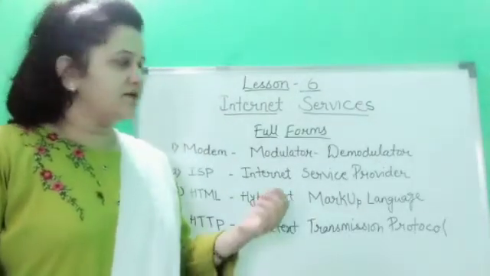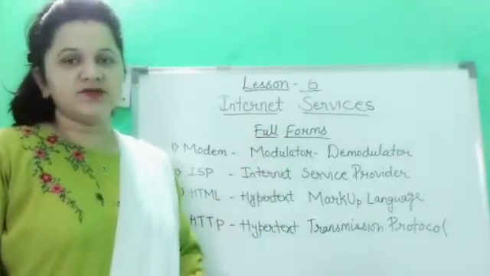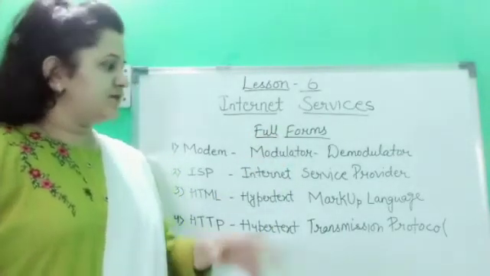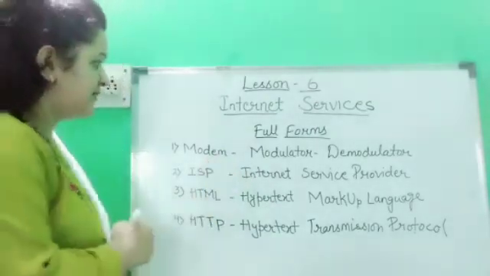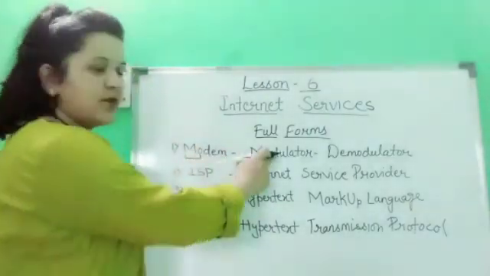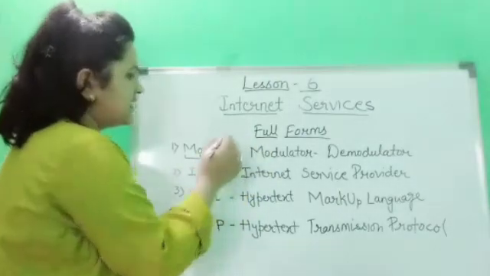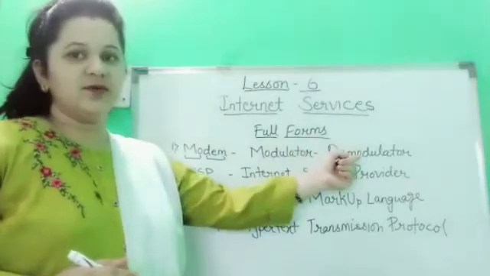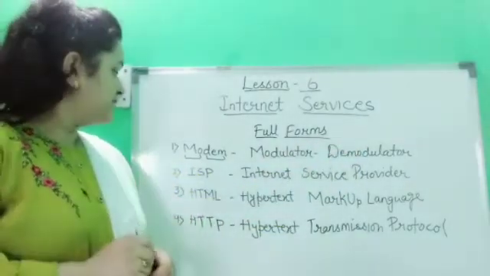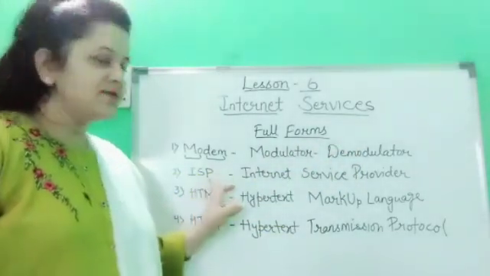Children, here are given some full forms of the terms which are related to the internet. First one is modem. What is the full form of modem? MO stands for modulator and DEM stands for demodulator. So modulator and demodulator. Now, what is the full form of ISP?